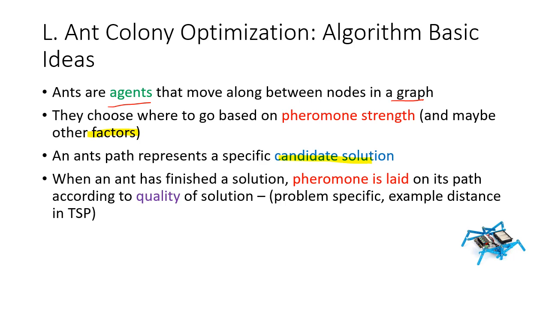However, if the tour distance is huge, pheromone will still be laid, but in a lesser amount as compared to the other solution. Of course, these are all very problem specific, and the famous example that is used to demonstrate the capability of ant colony optimization is the famous example of the traveling salesman problem.